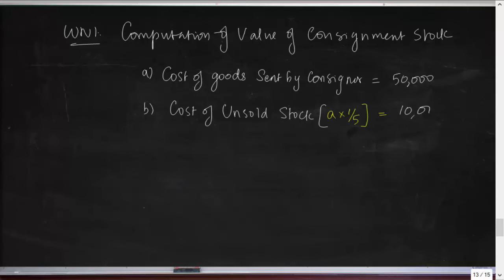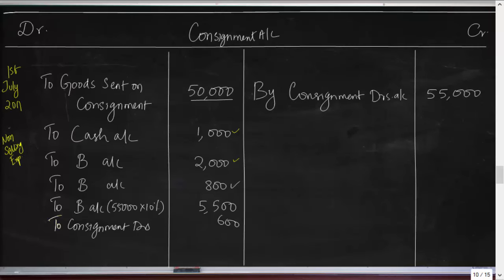So this is the basic cost, but on this cost certain expenses have been incurred. Some cash has been spent by consignor, and something has been spent by consignee also. But in that we have to see what are selling expenses and what are non-selling expenses, because we can consider only non-selling expenses; selling expenses cannot be considered.